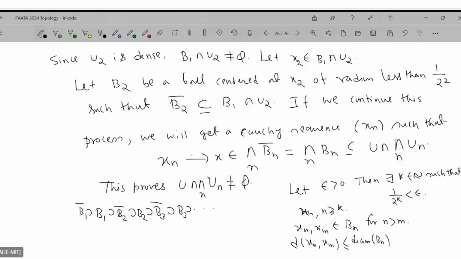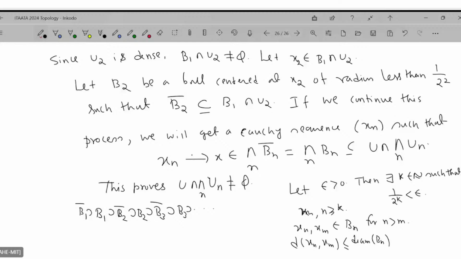Now the way we have constructed, the diameter of Bn cannot be more than 1 by 2 to the power n minus 1. For B1 we take radius 1 by 2 to the power 1. So it cannot be over 2 to the power n minus 1.